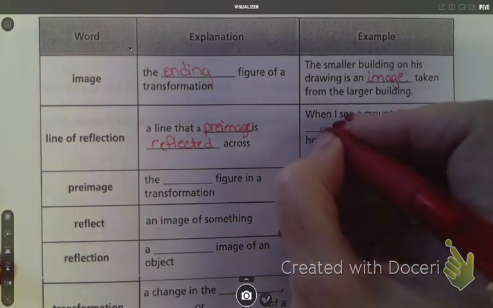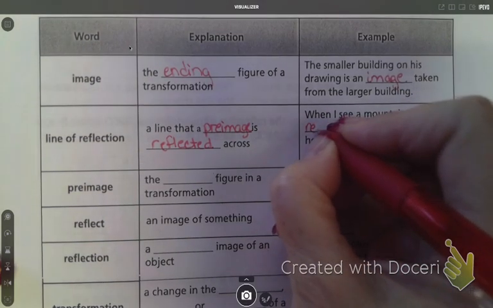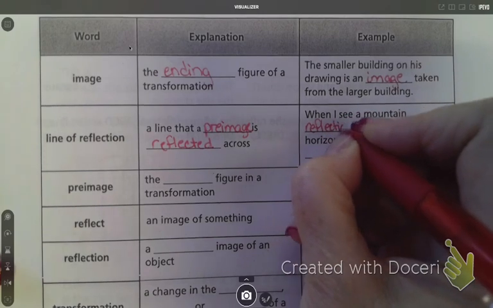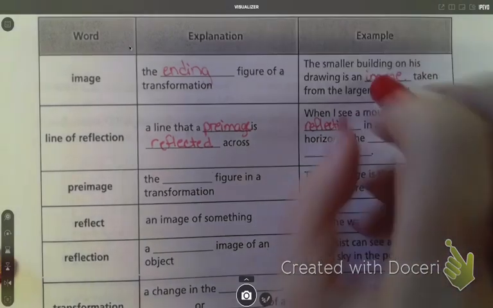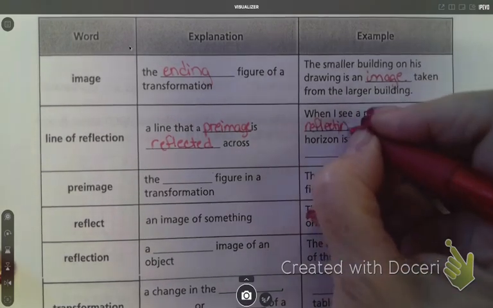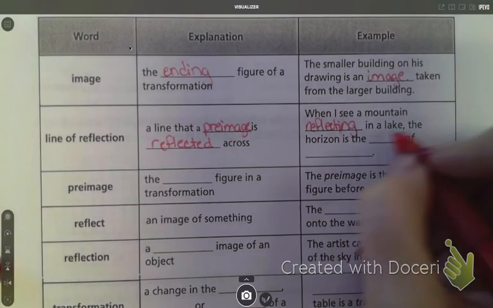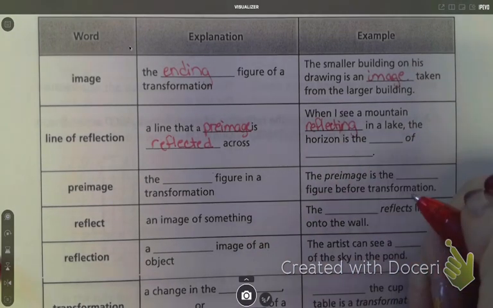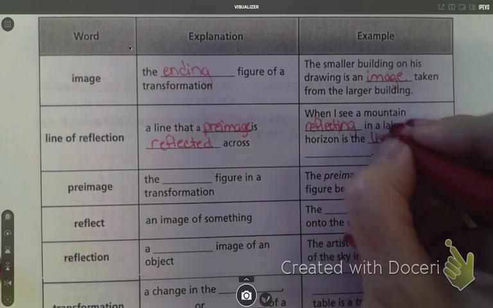Reflecting? I was going to put reflection. The blank horizon is the blank of blank. Line of reflection.